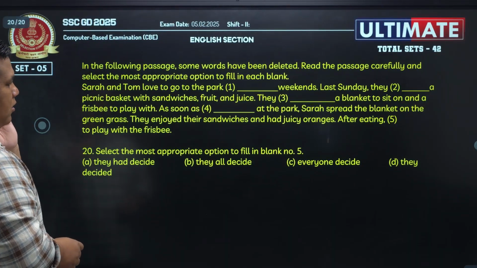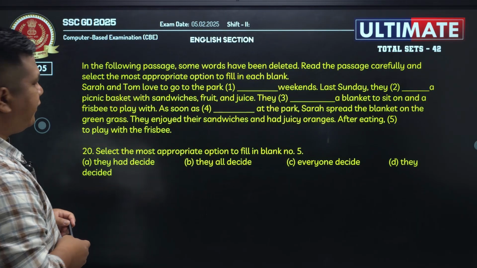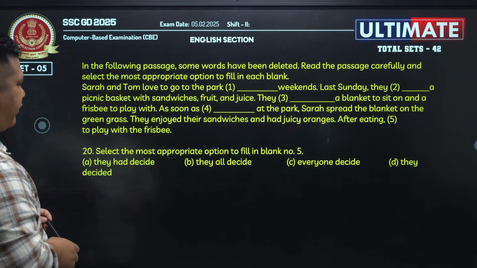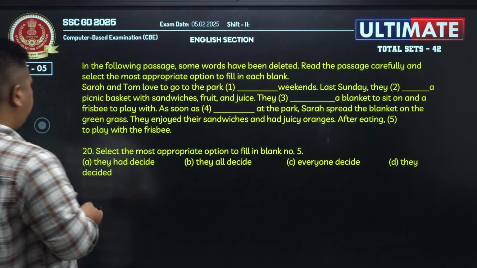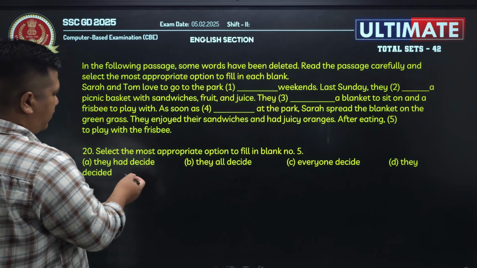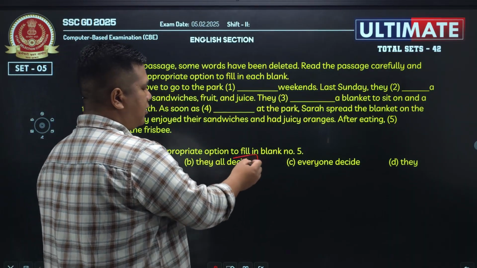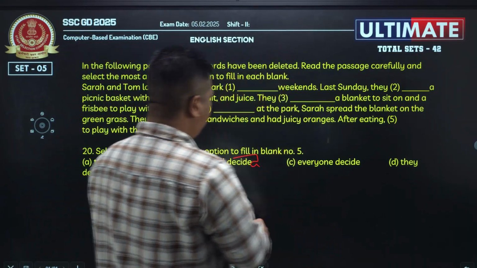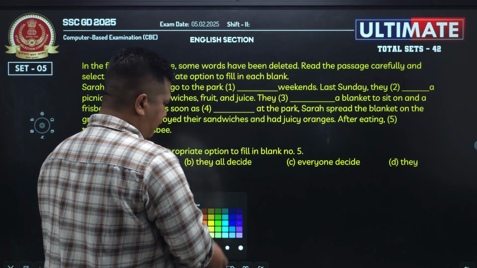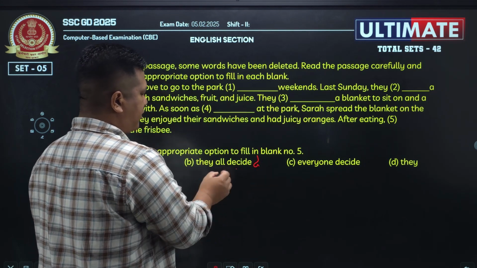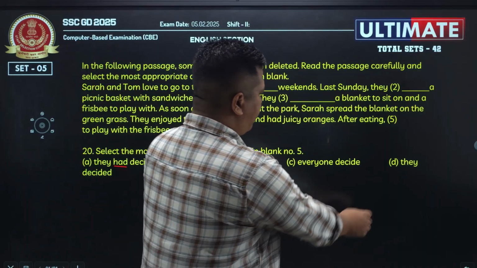Last one. They enjoyed their sandwiches and had juicy oranges. After eating, to play with the frisbee. After eating, what did they do? They had decide. Again, we cannot say they had decide. Had decided. They all decided.